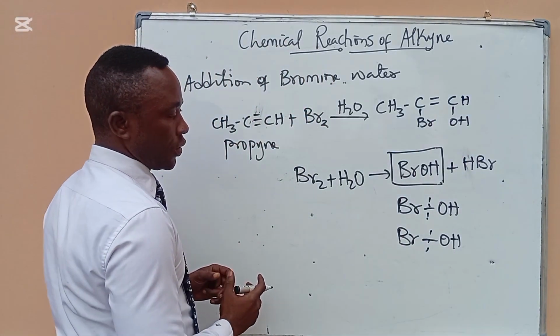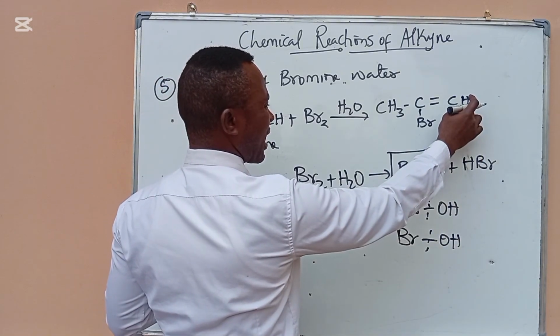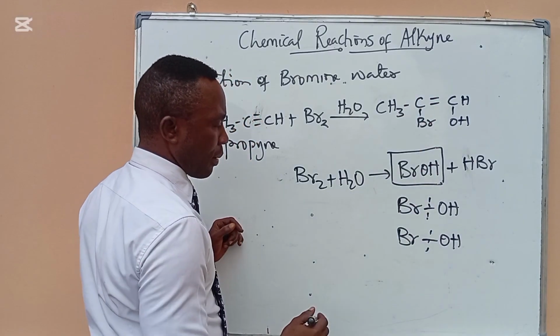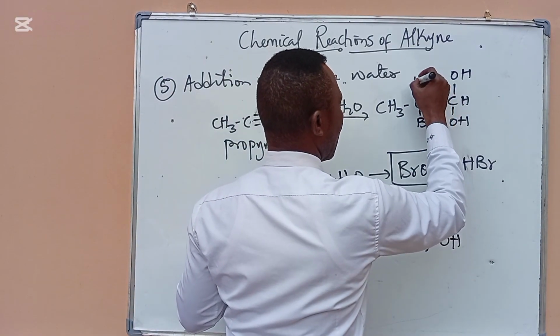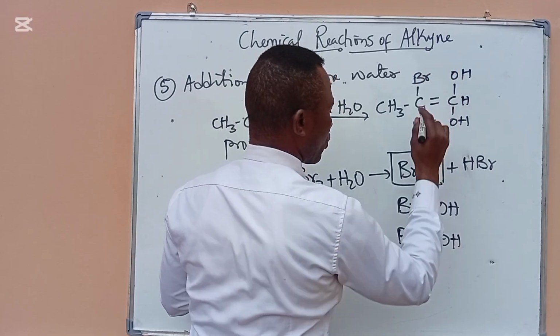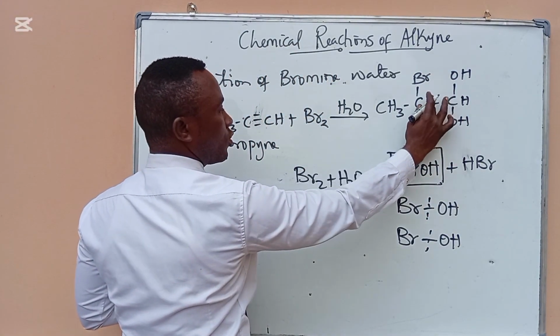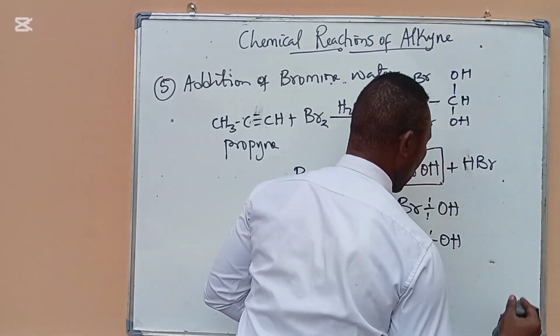OH will be added to the carbon bearing the higher number of hydrogen, while bromine will be added to the other carbon. So we'll have OH and Br. Since we added another group, one of the bonds goes, so that we have this as our product.